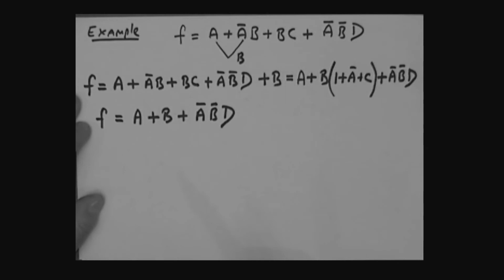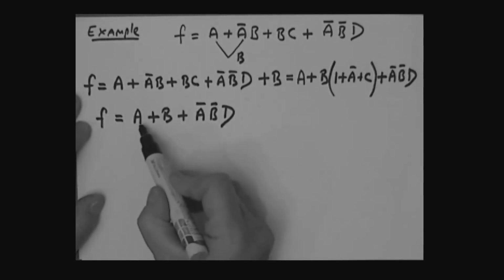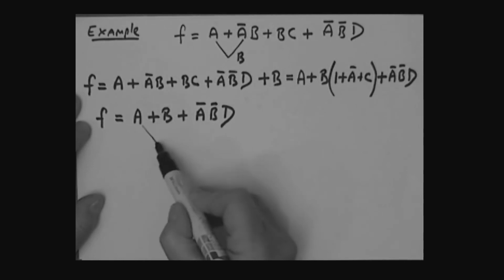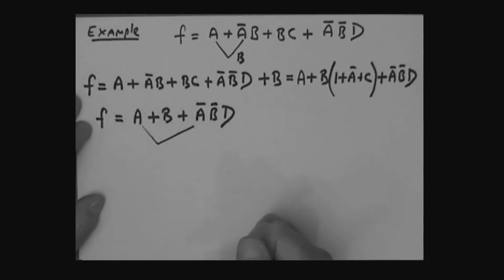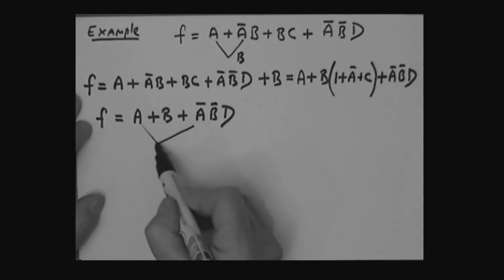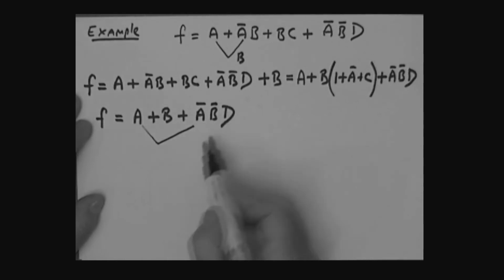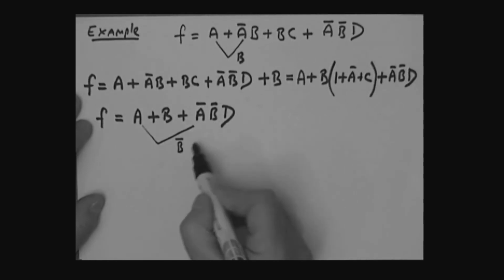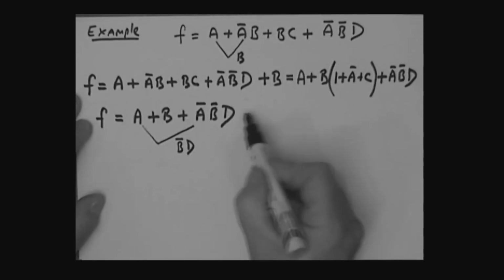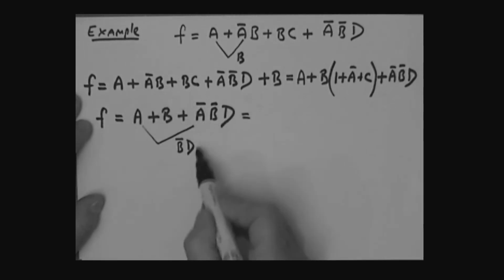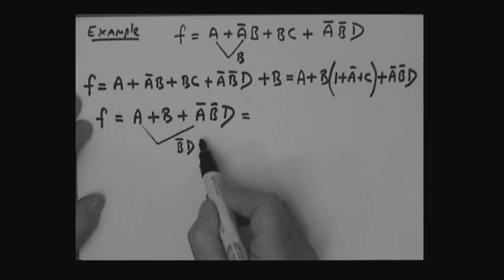Can I use consensus again? Well, yeah, you can. I could take the consensus between, let's say, A, and once again, A bar over here. What am I left with if I take that consensus? The optional product term is just B bar D. So I can rewrite the function now and add the optional product to it.